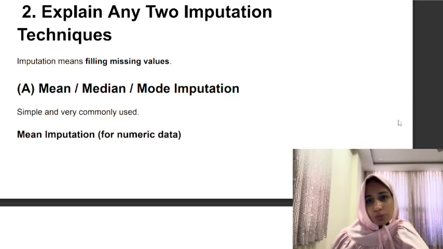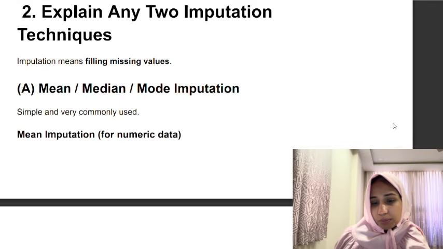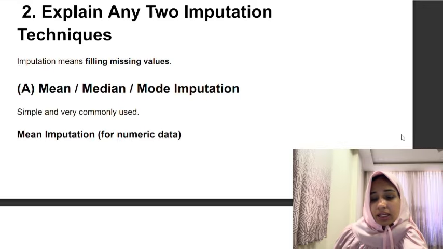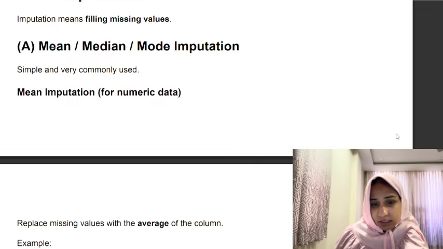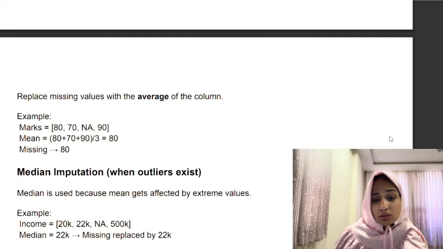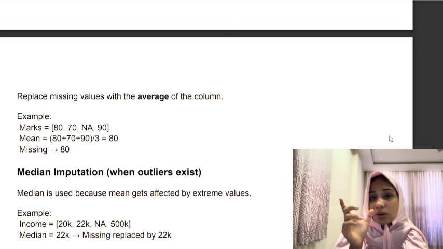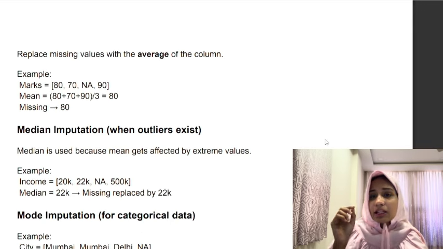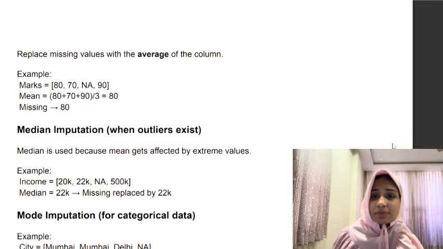Explain any two imputation techniques. Imputation means filling missing values. Mean, median, mode are simple and very commonly used. Like here we have marks and NA, so we find the mean of that particular column and fill in the missing value with this mean.